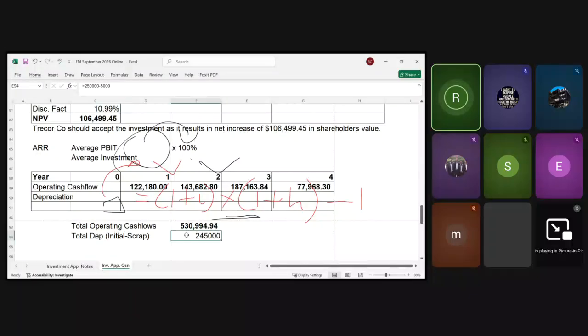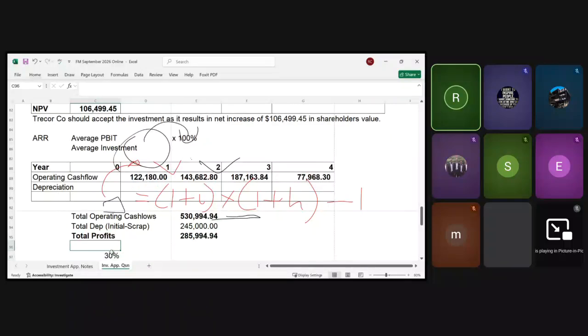So total depreciation there is 240,000, and we have total profits. So total profits for the 4 years is equal to the total operating cash flows minus the total depreciation. So our total profits are 285,994.94.